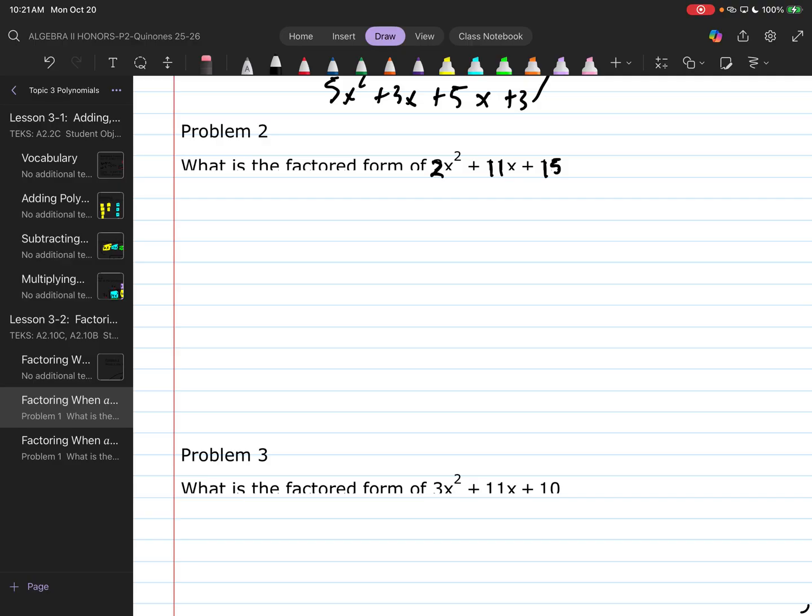Okay, so in this case, think about it. If we go down all the integers, right? 1 is going to go to the 15. Does 2 go into 15? Does 3 go into 15? Does 4 go in? Does 5 go in? Yes. But if you're done, that's it. There's nothing more you can do. Those are all the factors.